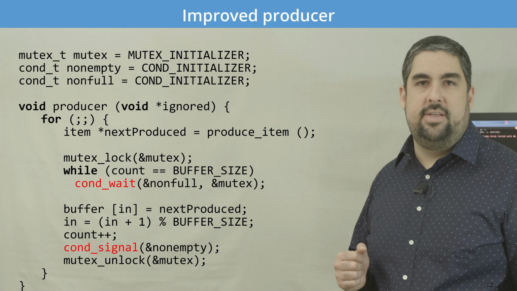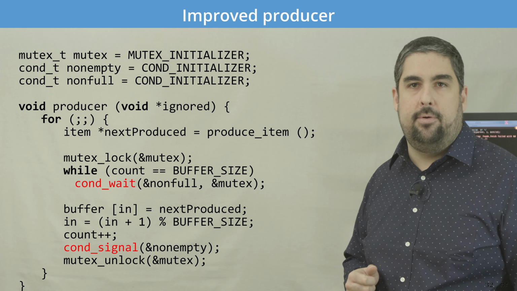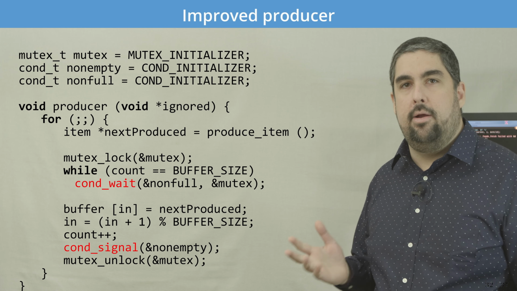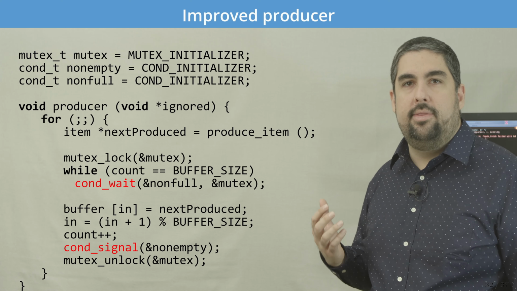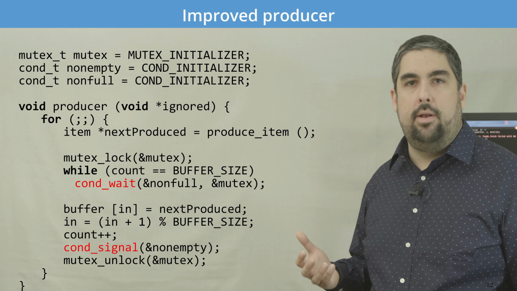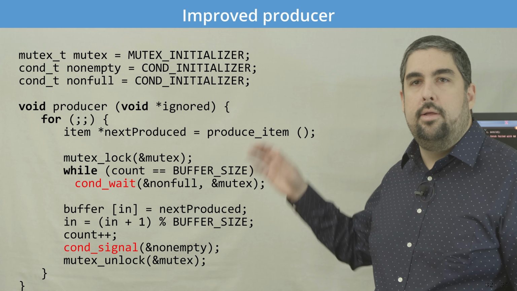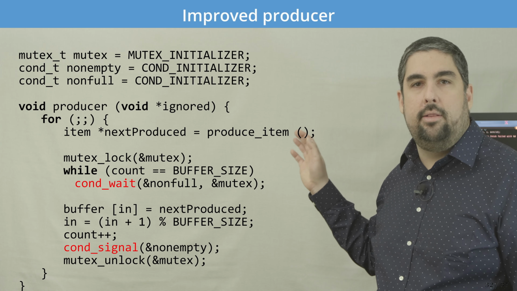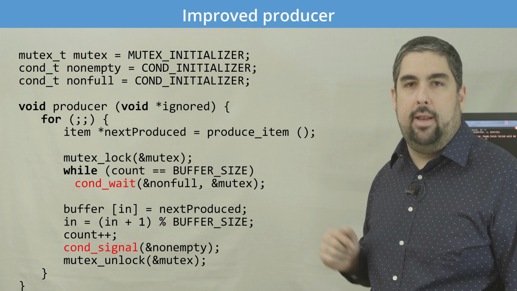So let's put all of this together and improve the consumer-producer example to see how we can use condition variables. Here, we're going to need 2 condition variables: one that is used to signal on the non-empty condition, and another that's used to signal on the non-full condition. The code looks a lot like last time, but we've replaced the unlock, relock and thread yield with a condition wait.